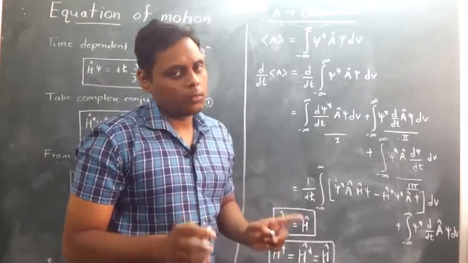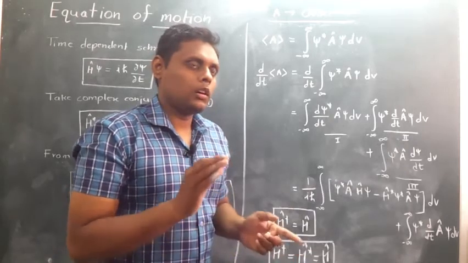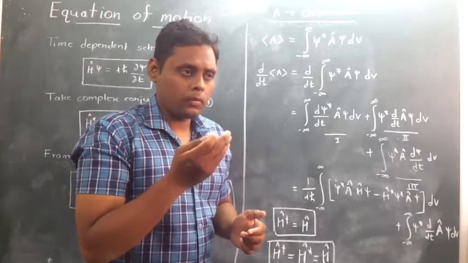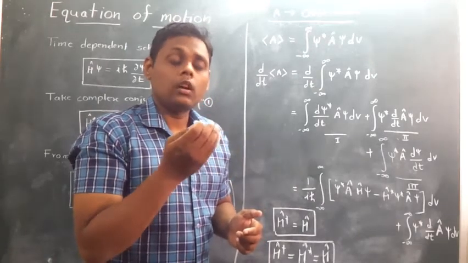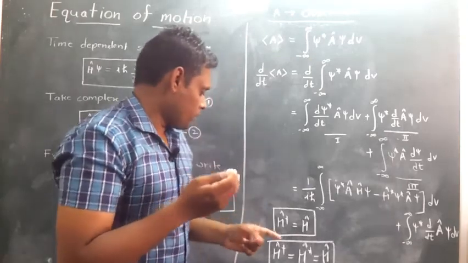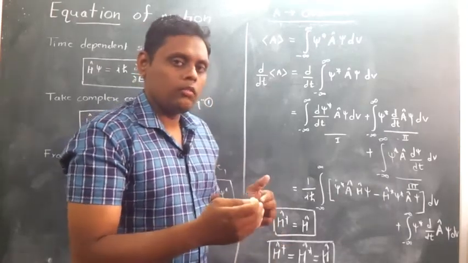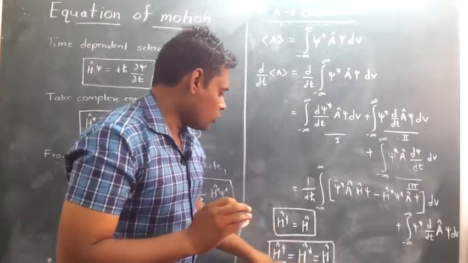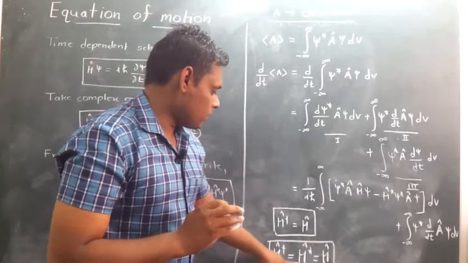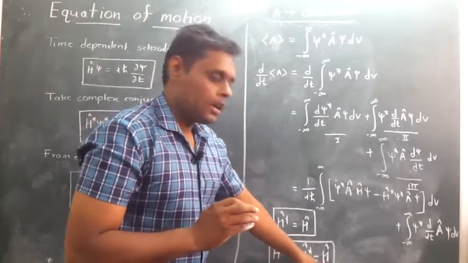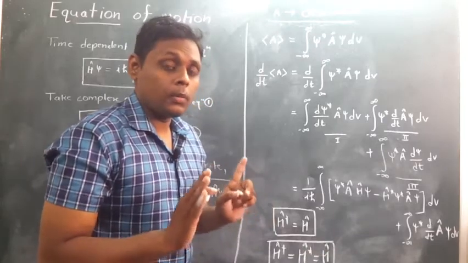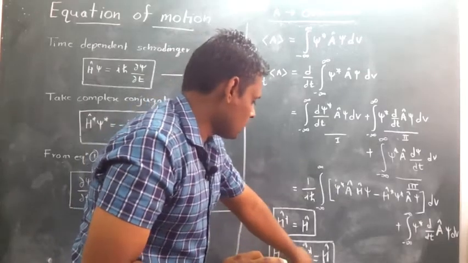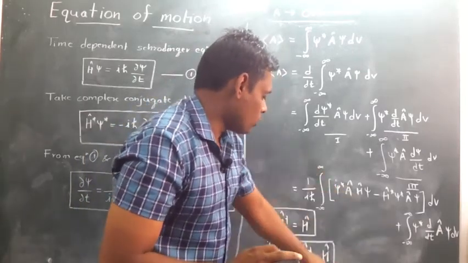If the operator is Hermitian, then taking the dagger of that operator gives back the same operator. So don't be confused: H dagger is nothing but H star, and H star is nothing but H cap if the operator is Hermitian. So at the place of H star, I am going to write this H cap.